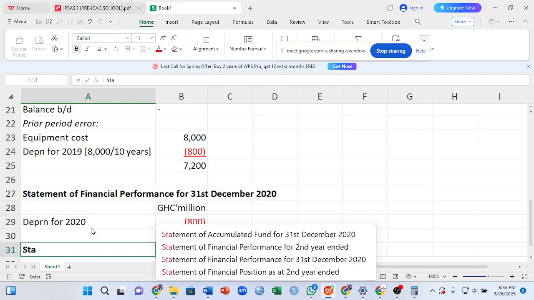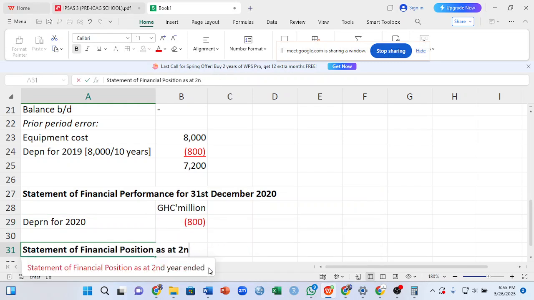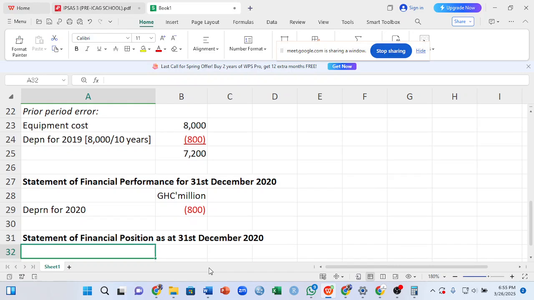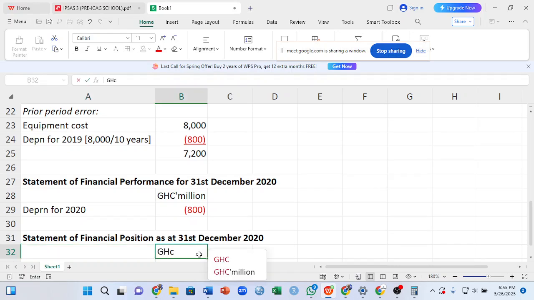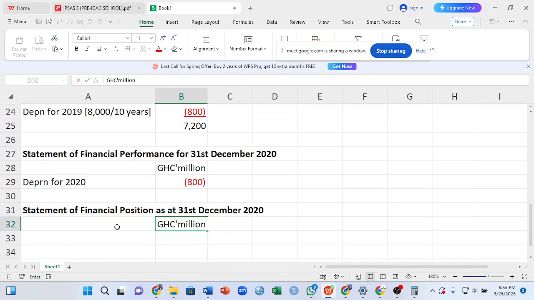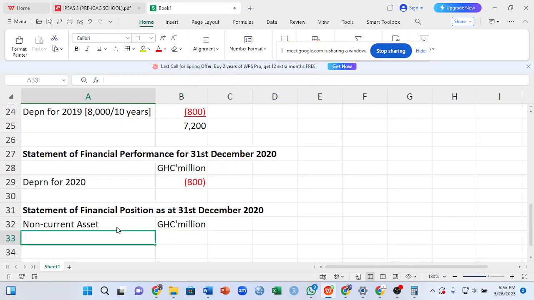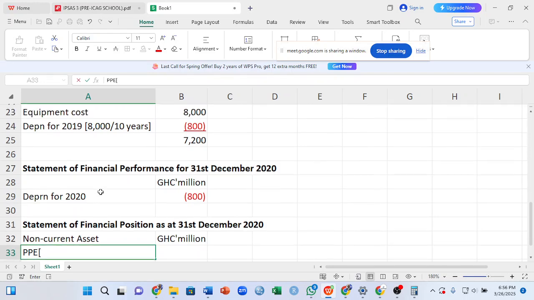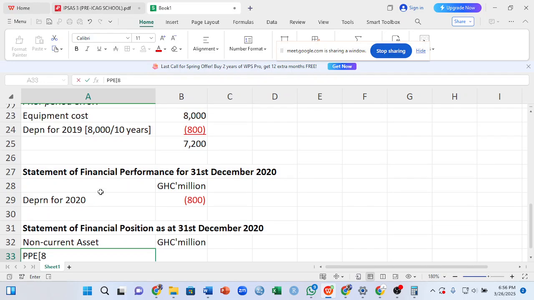Then we come to the statement of financial position as at 31st December 2020. We bring our currency sign. Then we need to report the current amounts of the assets. So non-current assets, PPE. We can show the workings in brackets. The total amount is 8,000 here. We subtract one depreciation.